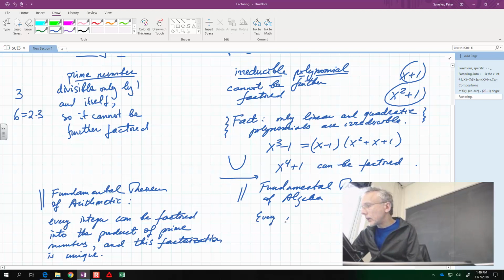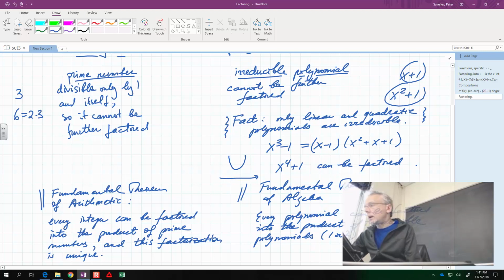Every polynomial can be factored into the product of irreducible polynomials. As we know, they will have degree 1 or 2 only, and this factorization is unique.